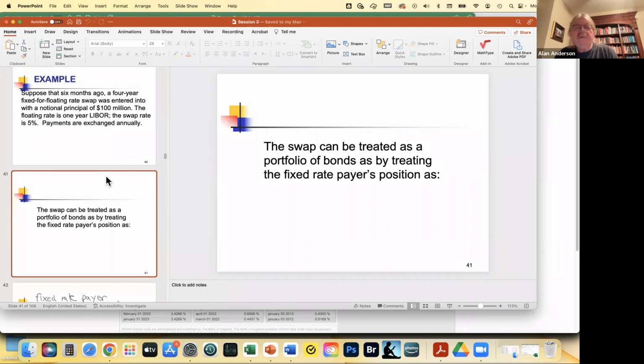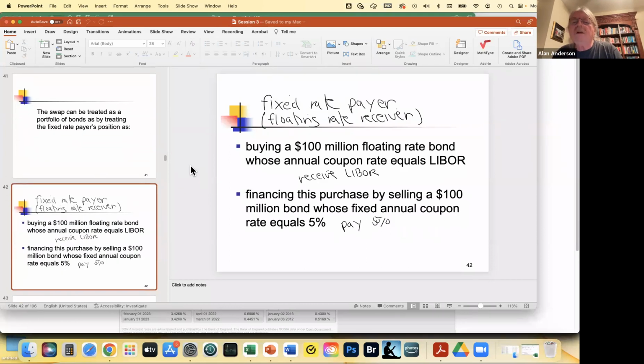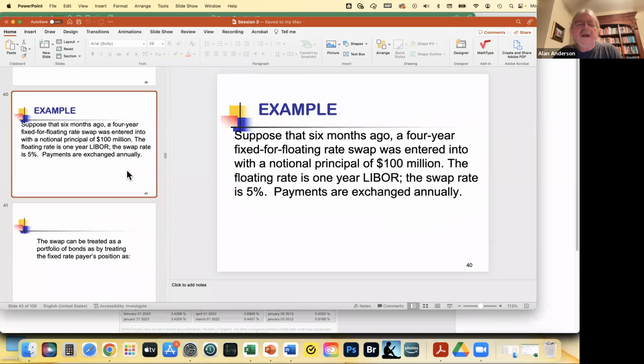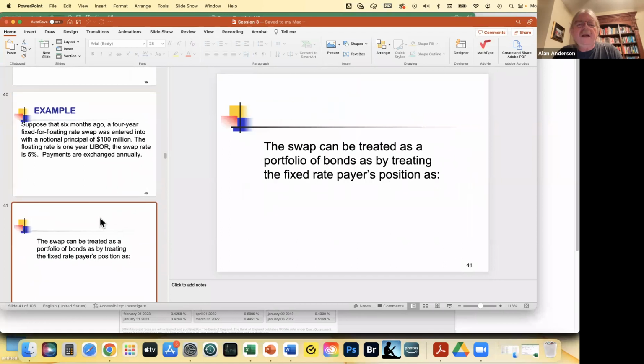So the swap can be treated as a portfolio of bonds by treating the fixed rate payer's position as if they were buying a $100 million floating rate bond with a coupon of LIBOR, and then paying for this by selling a $100 million bond whose fixed annual coupon rate is 5%. In other words, whoever is the fixed rate payer is paying a fixed rate of interest to somebody else, and receiving a floating rate in return.